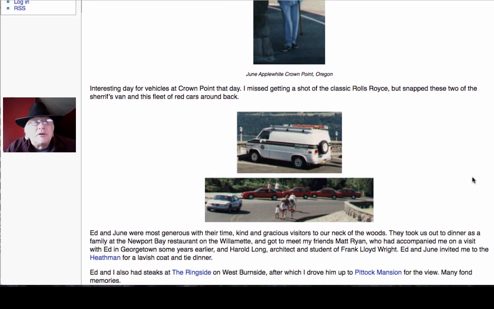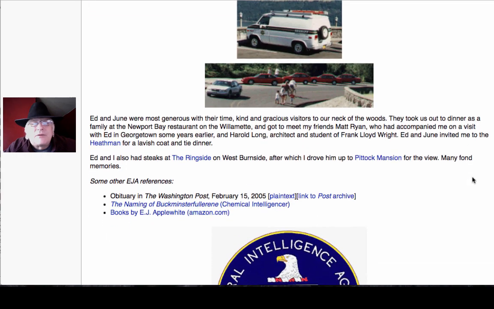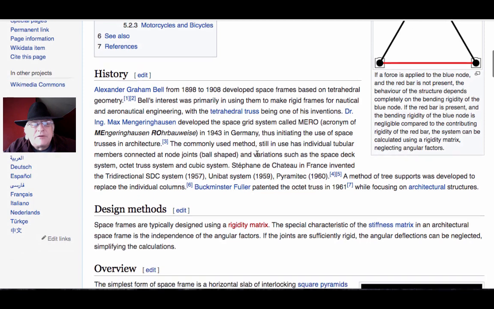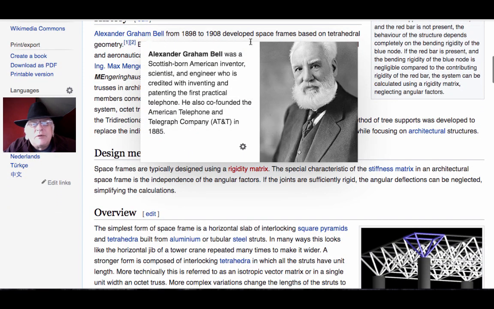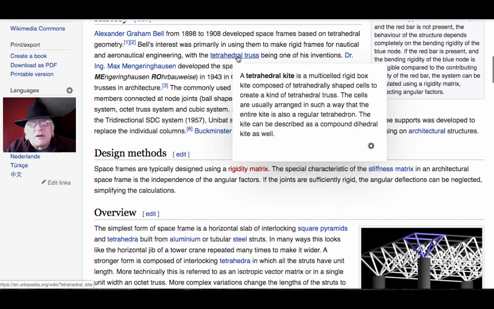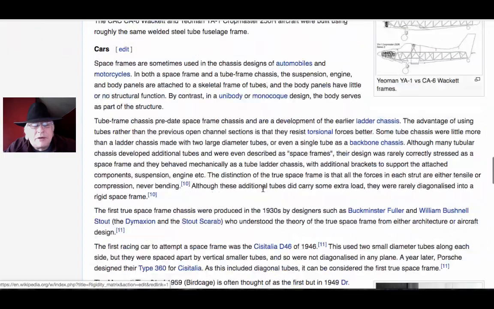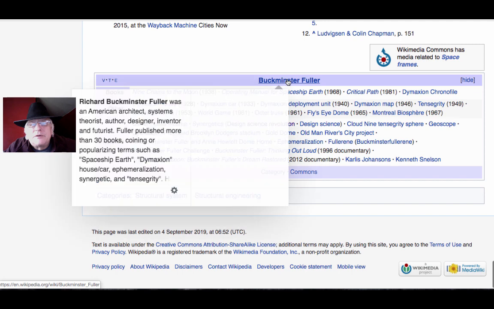That's our tour. It's easy to jump between Space Frame, which is where we hang out as the architect side of Fuller. Alexander Graham Bell is very much in there with his tetrahedral truss. We've talked about that quite a bit. And then we can jump from here. By the way, when you get to the bottom of this, you're in a Buckminster Fuller tour, right?